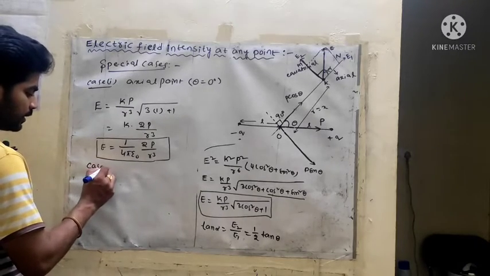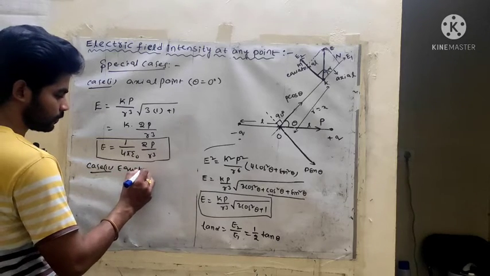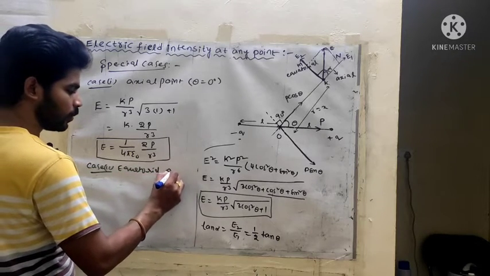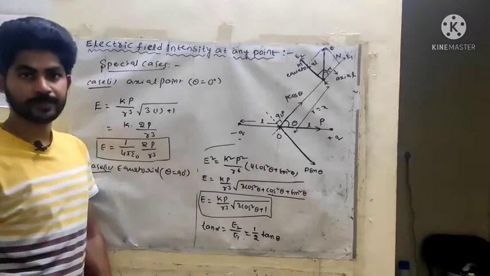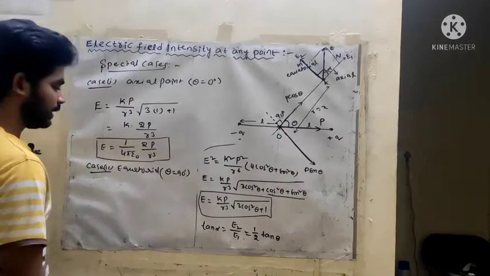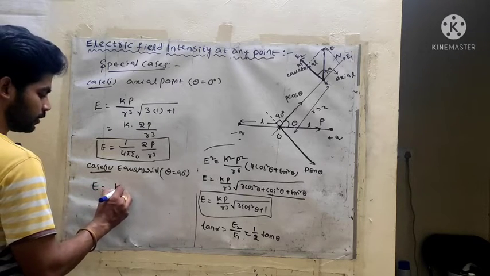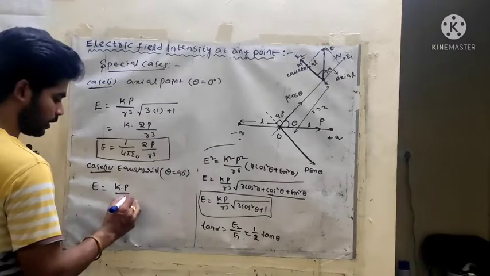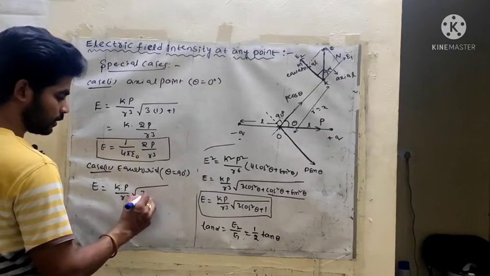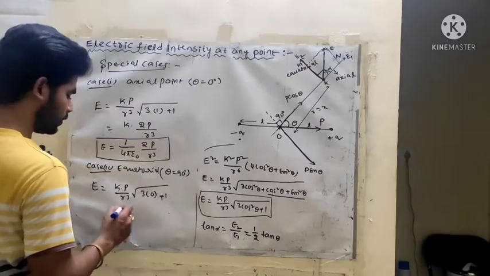Next, case 2: the equatorial point. At the equatorial point, theta is equal to 90 degrees, the exactly middle point. E is equal to k into p by r cube into root over 3 cos square 90, which is 0, plus 1.